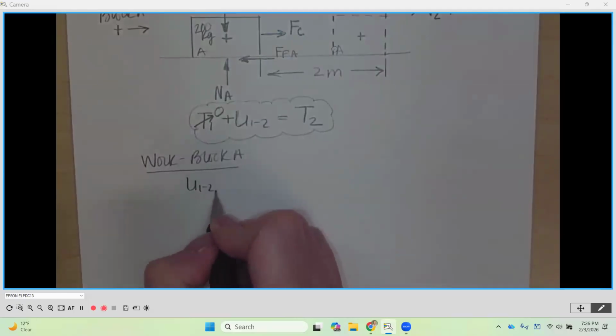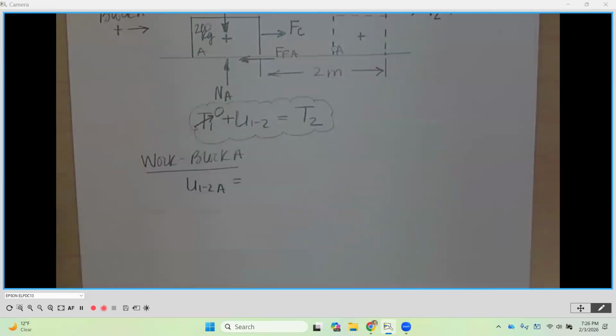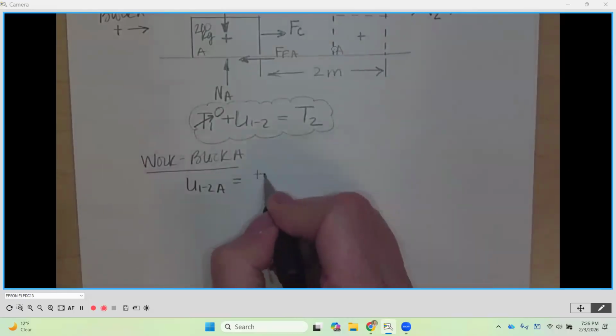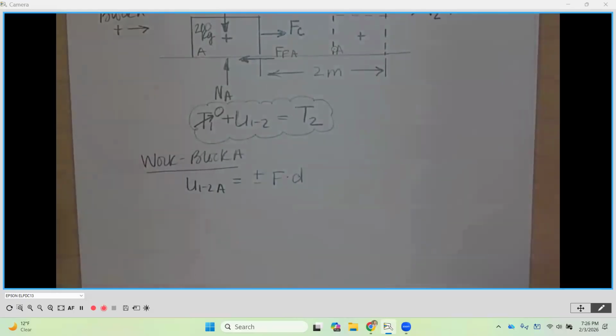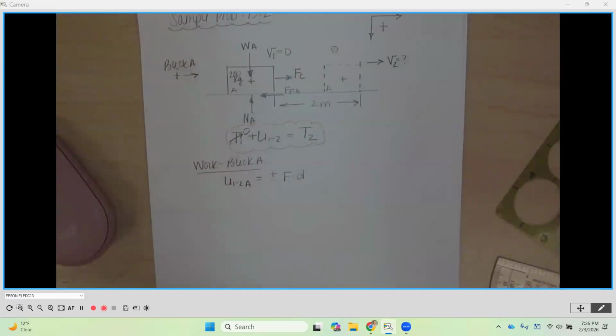So U1 to 2 on A is going to be equal to plus or minus force times distance. So the forces we have acting on this in the direction that work is done. Work is done, remember, along the same path that the distance takes.